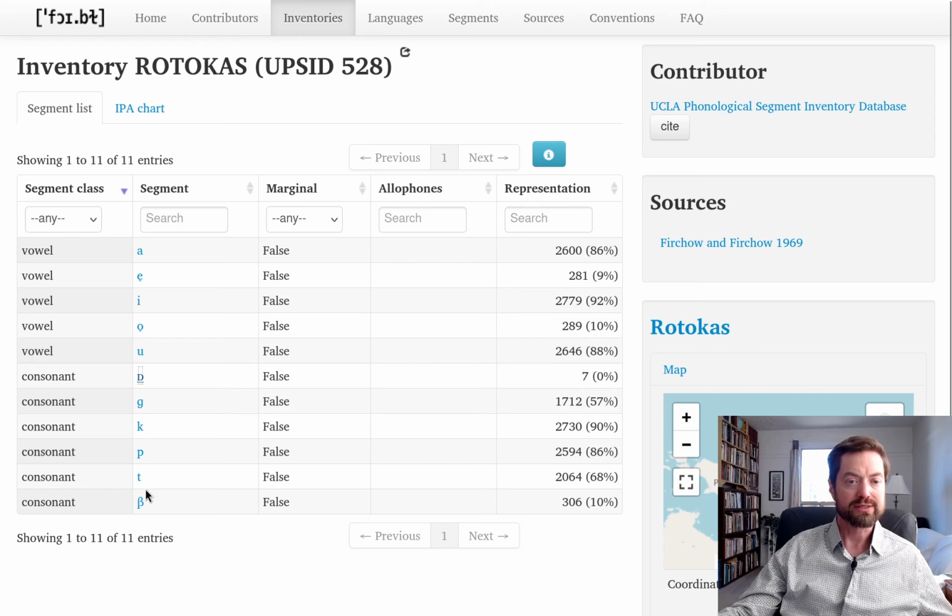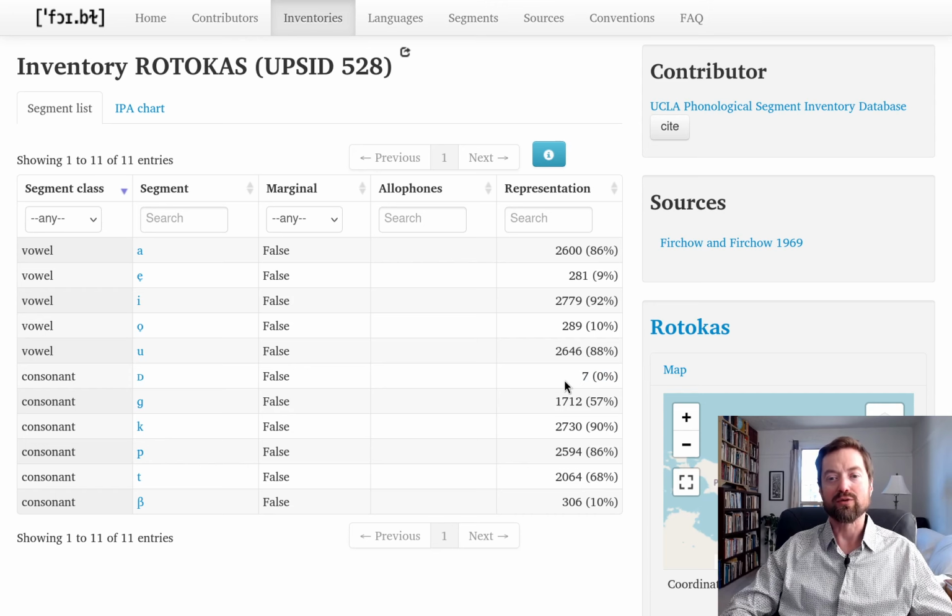I think a good way to look at this sound is that it's something similar to the letter D, the sound D. It's just a little bit different, and you can see it's a very rare sound. It's only found in 7 languages. They even call it 0% because they're rounding it down to 0. 0% plus a few of the world's languages have this sound.